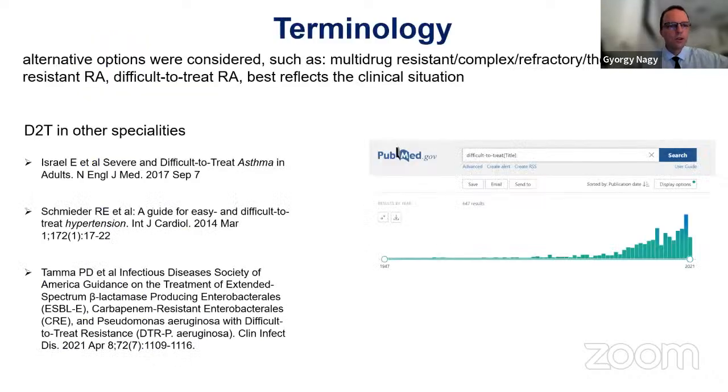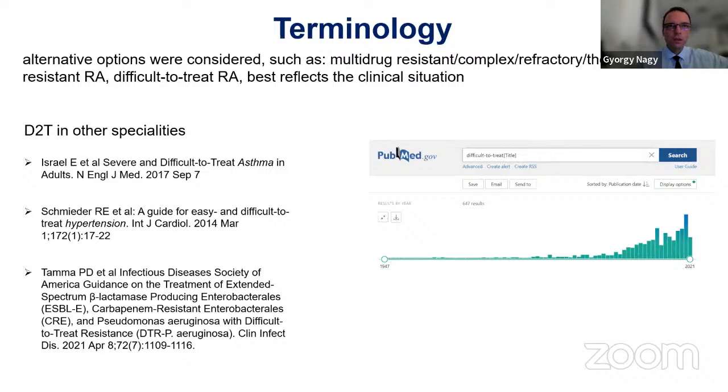What about the terminology? So we considered a lot of different potential names for this patient population, including multi-drug resistant, complex, refractory, therapy resistant, and so on, and difficult to treat. Finally, difficult to treat was selected because it reflects best the clinical situation, and all task force members clearly agreed on that.